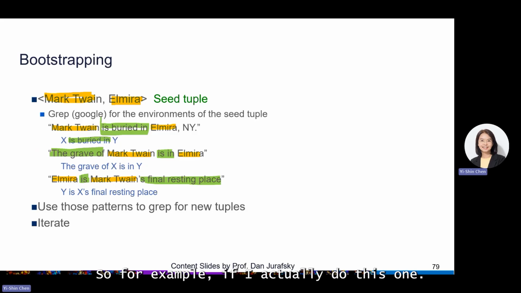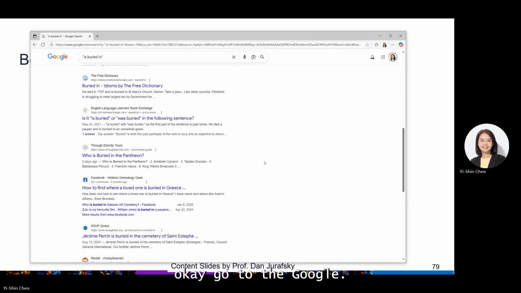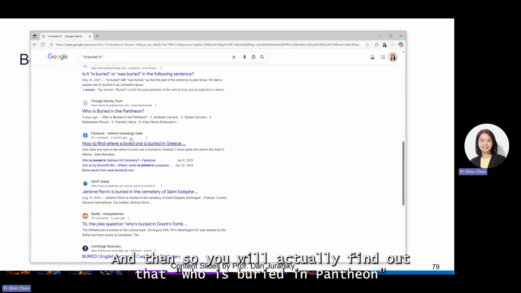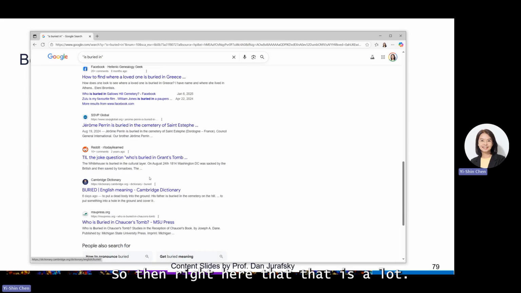For example, if I do this one, you will find out who is buried in the Pentagon. Right here you will have a different set of people. So then right here, that is a lot.